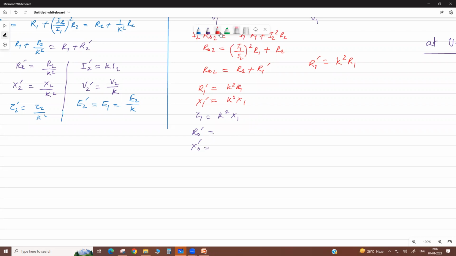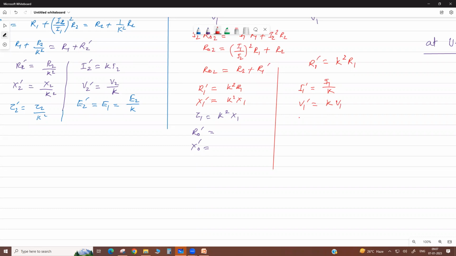Now, but current, when we calculate I1 dash, it equals I1 divided by K. Please remember I1 by K. Why? Current is divided, and voltage is multiplied. V1 dash equals K V1.